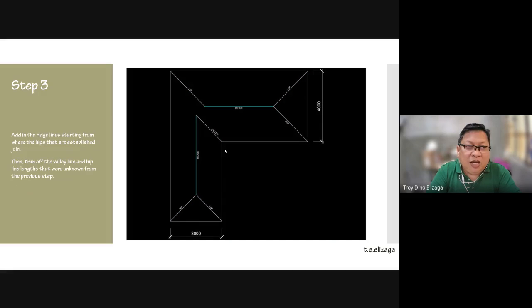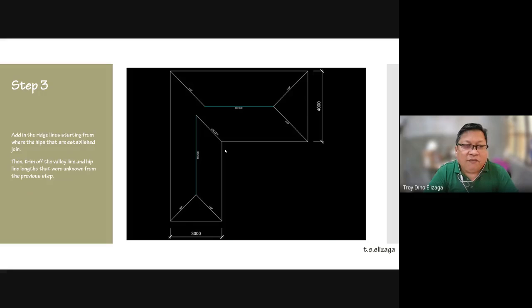Then step 3, add in the ridges. So the 45-degree lines earlier represent the hip, no? The edge of the two sloping surfaces which intersect at right angles. Therefore, when they intersect, that's the top point of the roof already. That's the ridge. So add in the ridge line starting from where the hips that are established join.